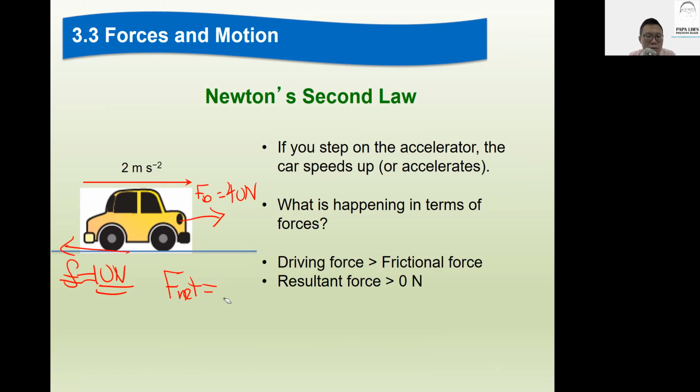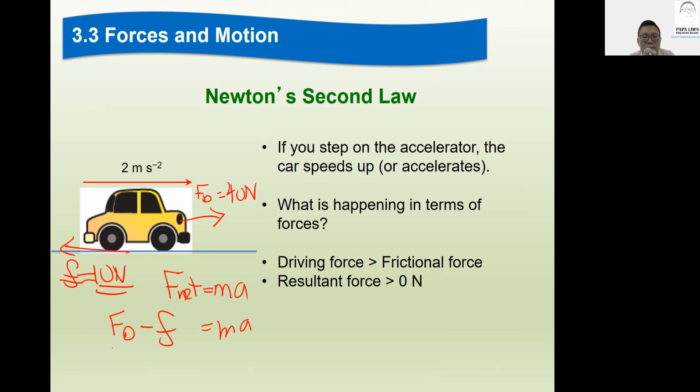This case is not 0. Net force is actually Fd minus friction. That's the force acting on the object, which is the car. All the forces acting on the object result in the net force, or what I call the resultant force. So Fd minus friction equal to ma.